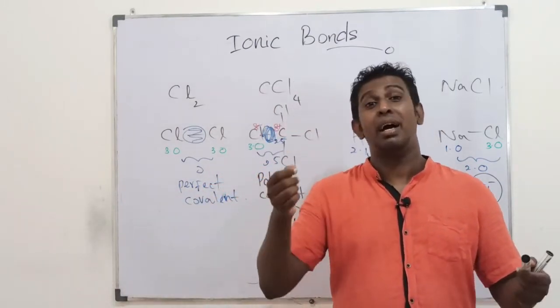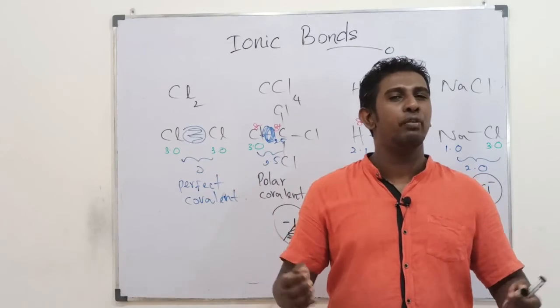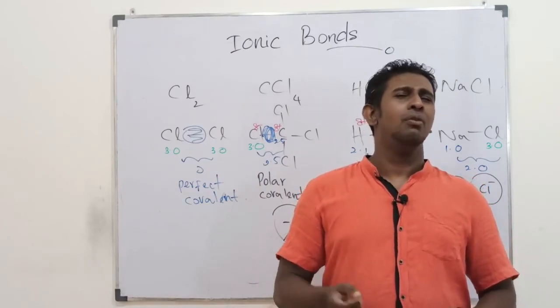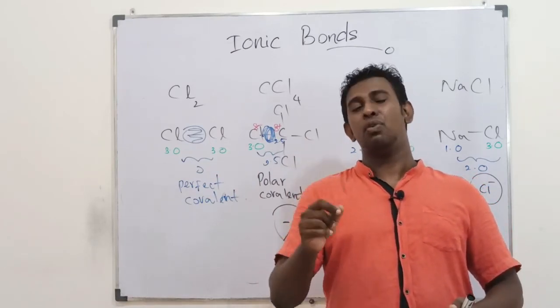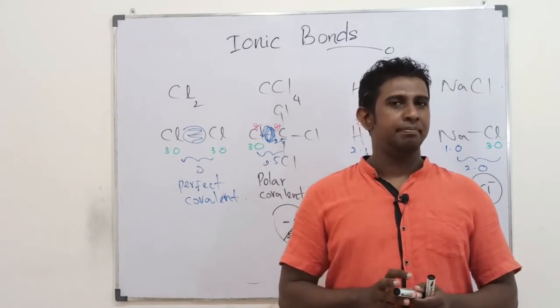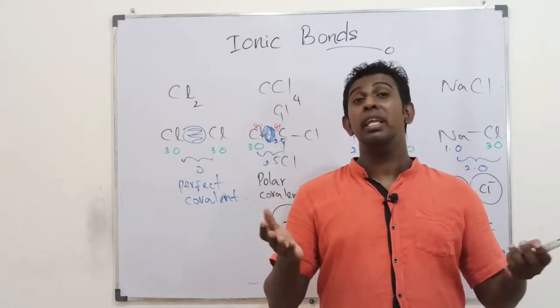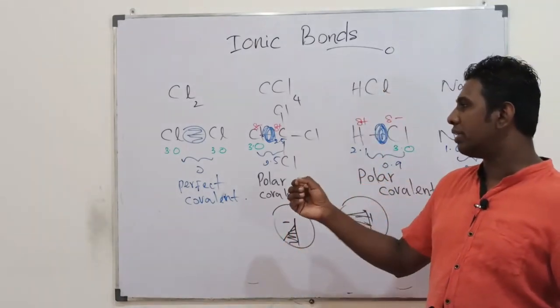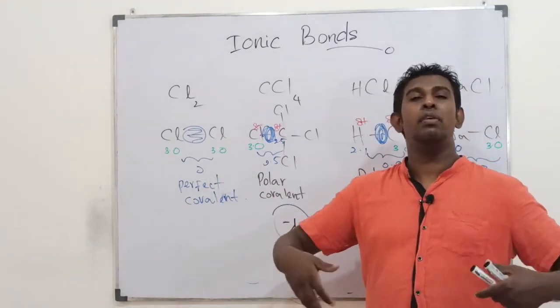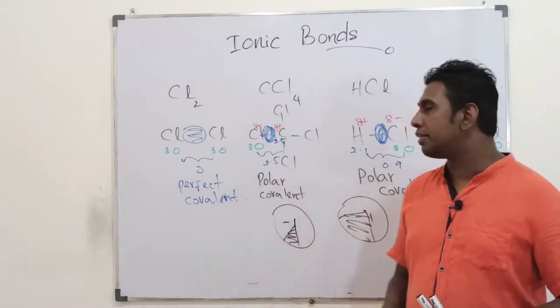Why is that? Why do some atoms form covalent bonding only, while other atoms form ionic bonding only? It's the electronegativity difference. When you have no electronegativity difference, the bond would be 100% covalent, perfect covalent.